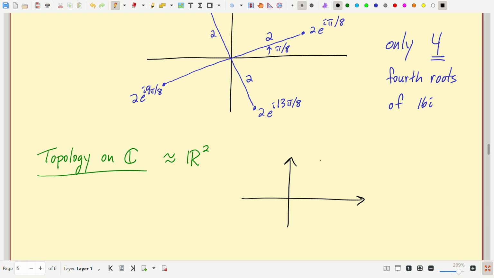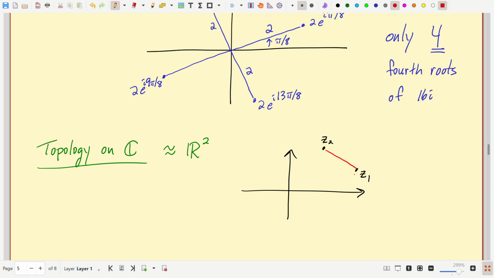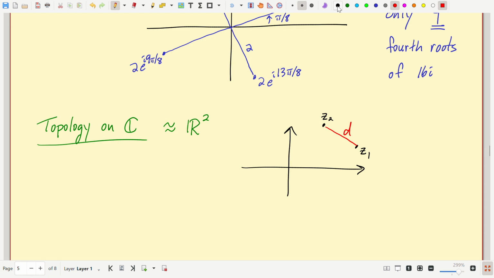If I have 2 points in the complex plane, let's take z2 and z1, then the distance between them, call it d, is the distance between z1 and z2.